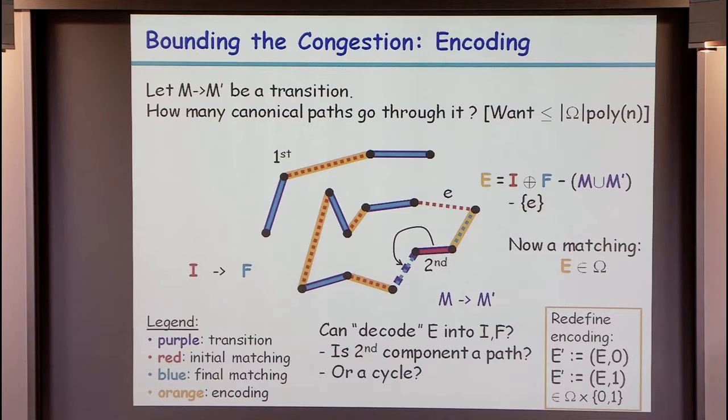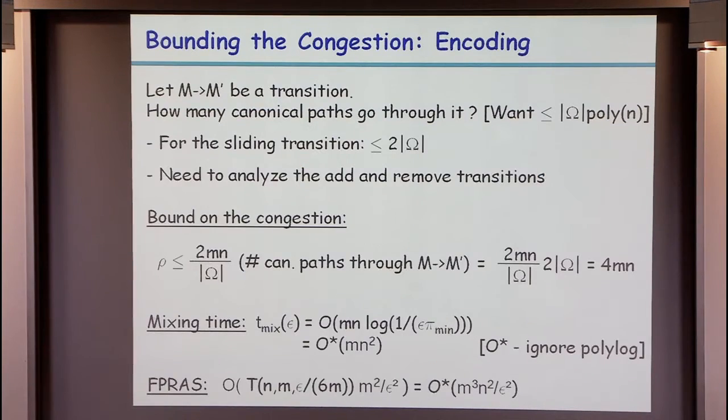Okay? So now, that being said, what we got for the sliding transition, we got the upper bound on the number of canonical paths as twice the number of states. We still need to analyze two other transitions. One is the add transition, and the other one is the remove transition, but I'm not going to do those, but we can do it the same way.